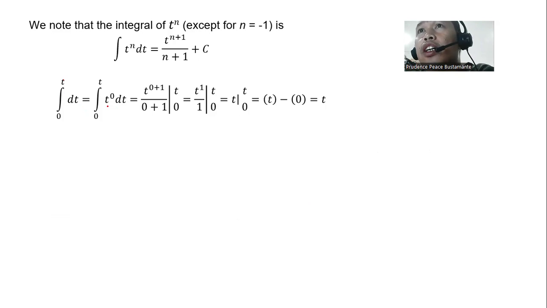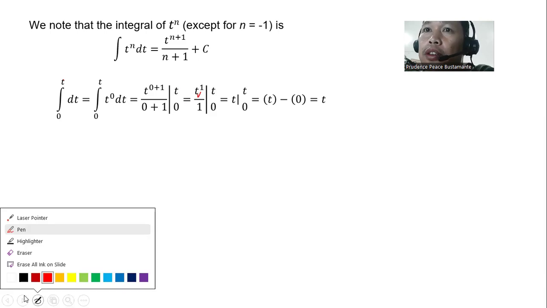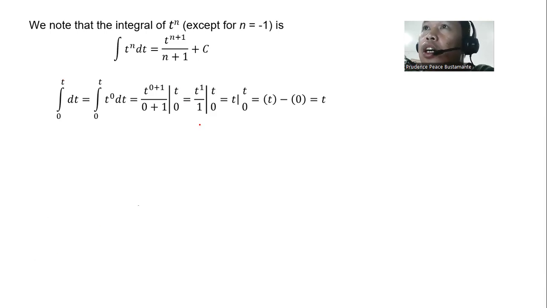So using this formula, n is equal to 0 and we have t to the 0 plus 1, integrated from 0 to t. So we have t to the power of 1 over 1, which is just equal to t, integrated from 0 to t. Then for the upper boundary you put in t.